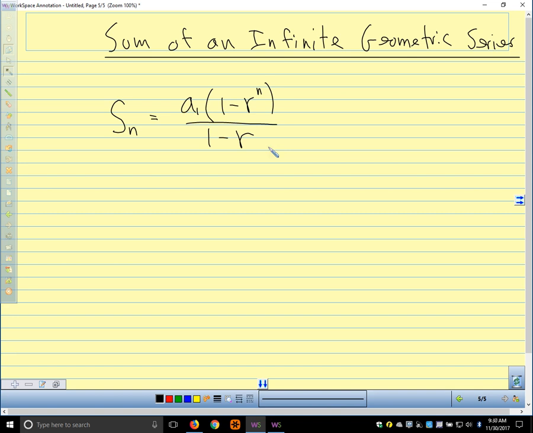So if we added a bunch of terms, we should expect something very large. But if the absolute value of r is less than 1, so we have some fraction between 0 and 1, 1/2, 1/4, negative 1/2, negative 1/4, something like that.